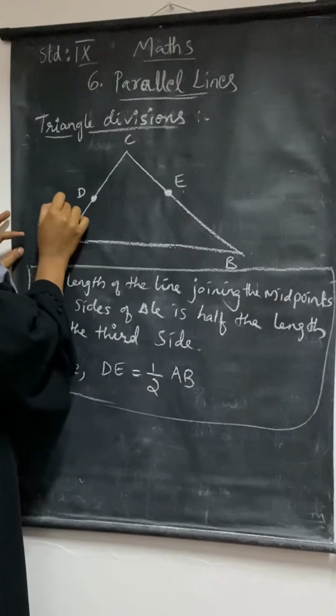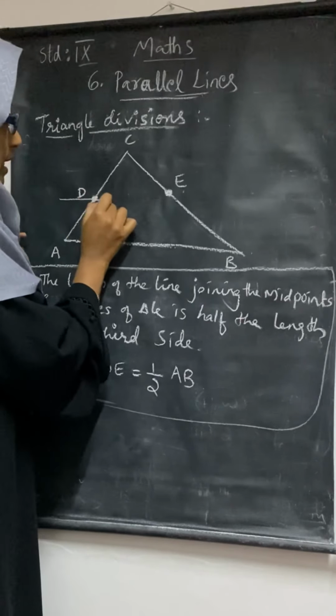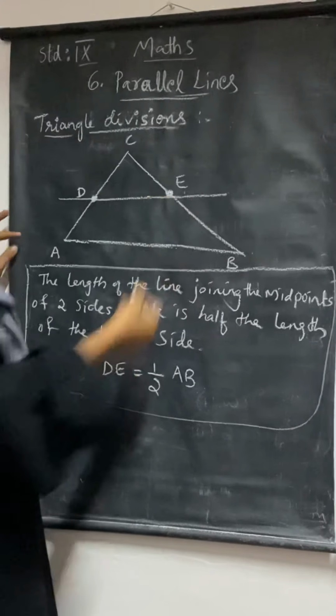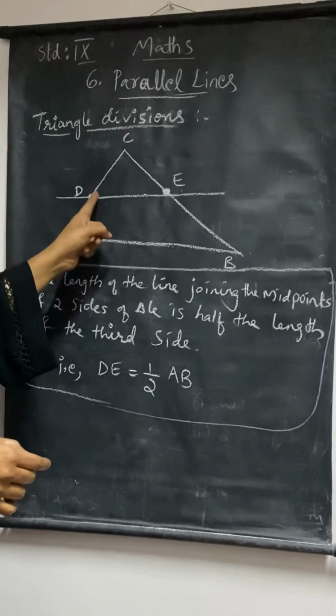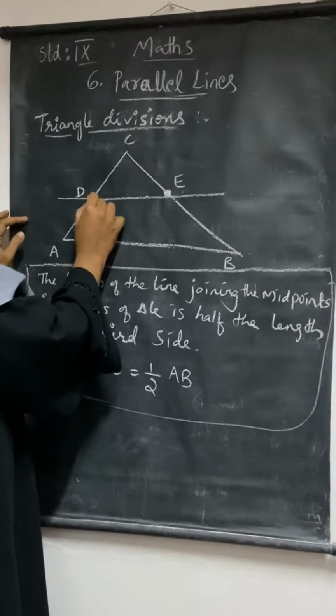So if I draw a parallel line passing through the midpoints of the other two sides like this, what happens? The length of that line is half of AB. Whatever AB you have, that line is half. So DE is equal to half of AB. This is the important one. Using this, you are going to do the problem.